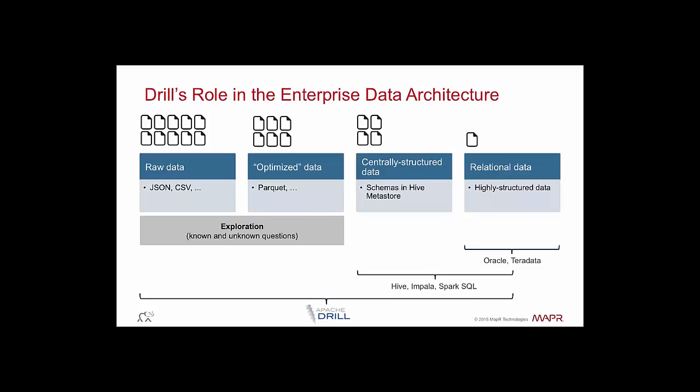So Drill's unique value comes in being able to explore these data sets on the left-hand side. The rest of the engines on Hadoop, for instance, Hive and Impala, still require a centralized metastore, and Impala and Spark SQL also provide interactive speeds for those data sets.